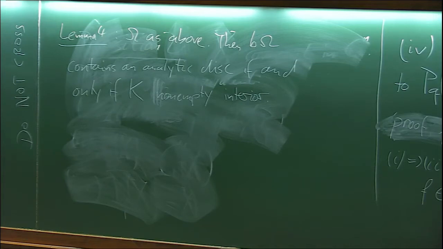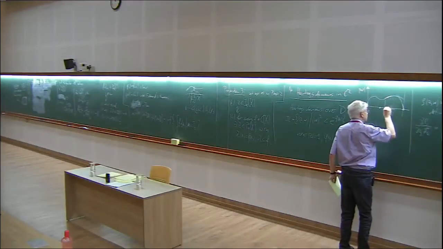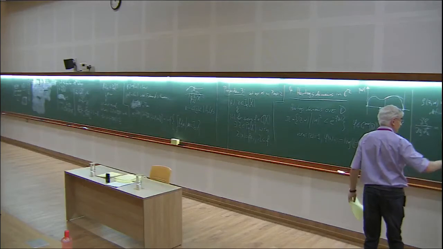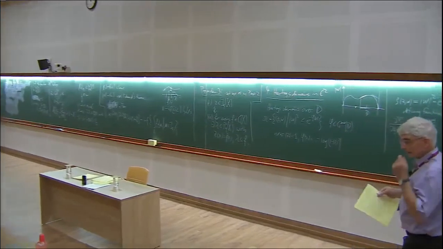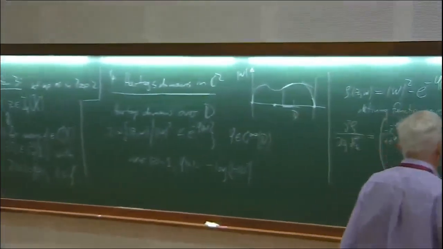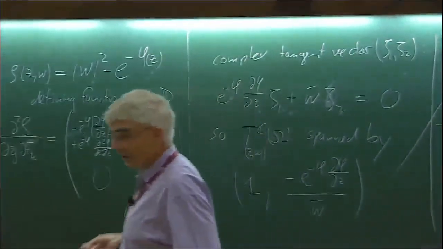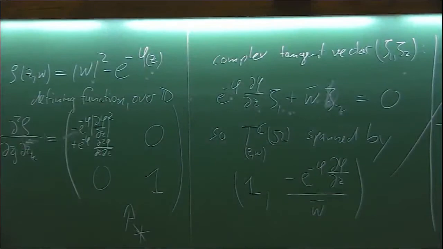So in other words, all the points of the disk in omega will project down to points of K, right? Now, if you look, this vector spans the complex tangent space, so the first component is non-zero. So that tells you that this projection is going to have non-empty interior.